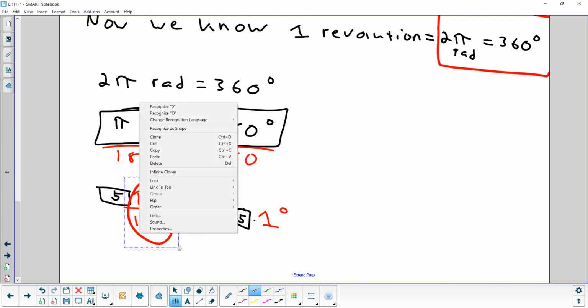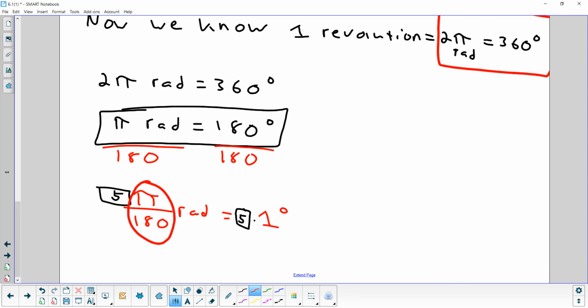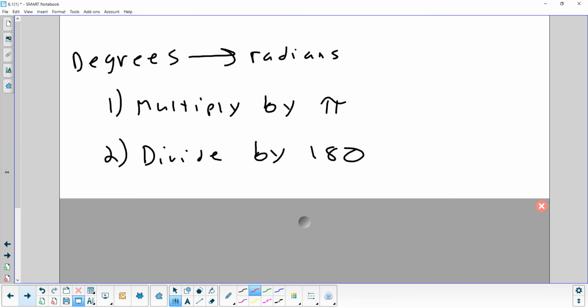That's the general pattern. To convert from a degree to a radian, step 1, multiply by pi. Step 2, divide by 180. Those are always the 2 steps to change from degrees to radians.